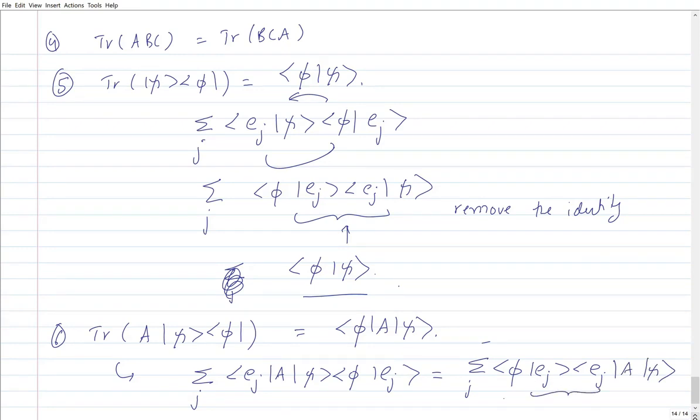And I'm going to again remove the identity. Once I remove the identity, I get this equal to this.